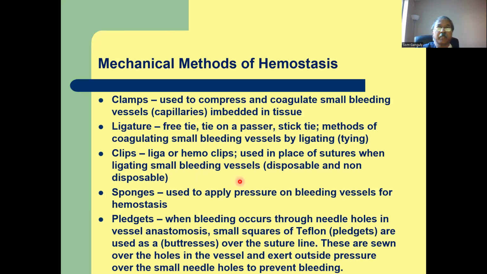We use the clip applier to place these small, medium, large clips depending on the bleeding blood vessels, and we apply it on the blood vessels. When it is a small bleeder, oozing, then we can apply a sponge as a tamponade. We put pressure with a Ratex or lap sponges for a while to stop the bleeding by pressure.